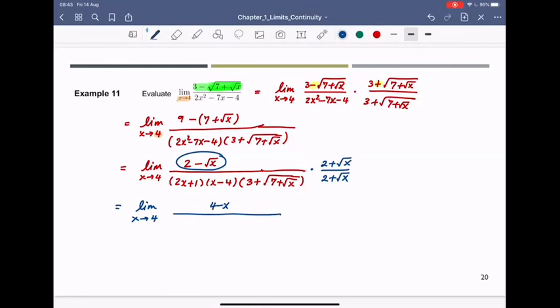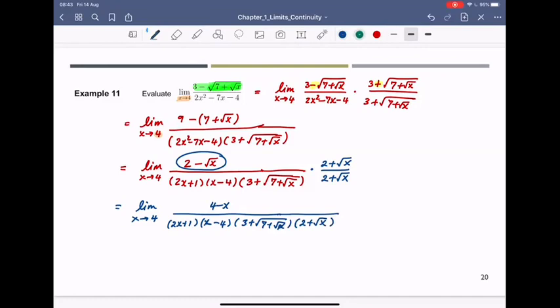And then in the denominator, I have 2x plus 1, x minus 4, and then 3 plus that thing, and then 2 plus square root x.